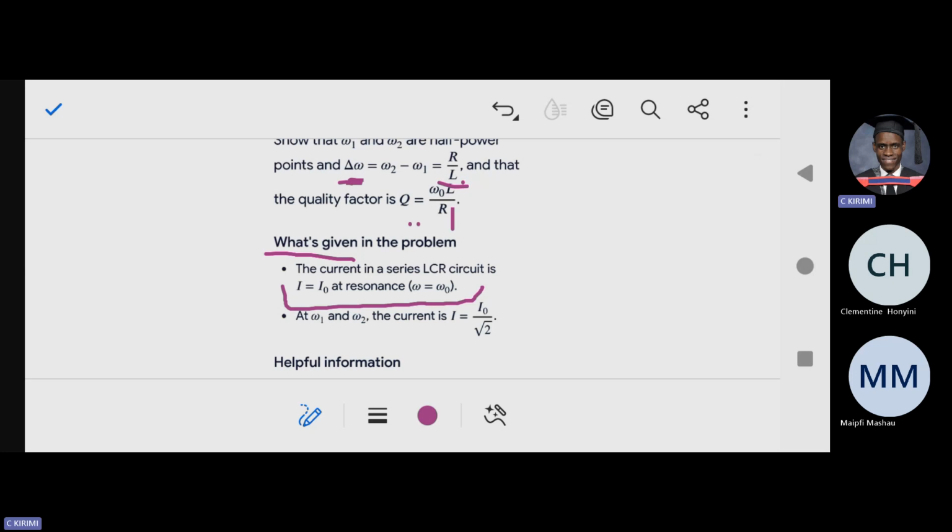And we are told that at omega 1 and omega 2, the current, remember at matric where we were used to saying the root mean square, the RMS current, RMS voltage. Do you still remember that one? For physical science, do you still remember root mean square? Or you have forgotten?